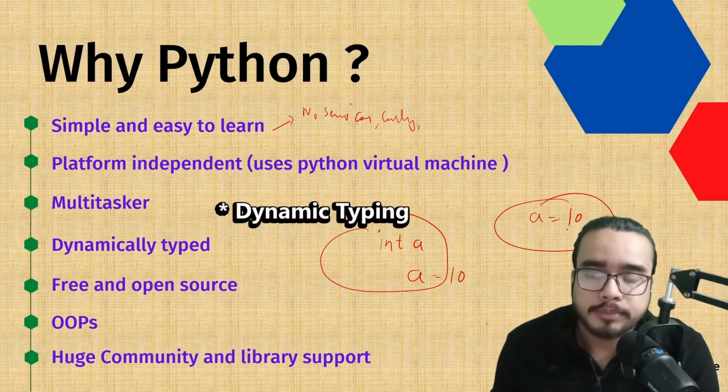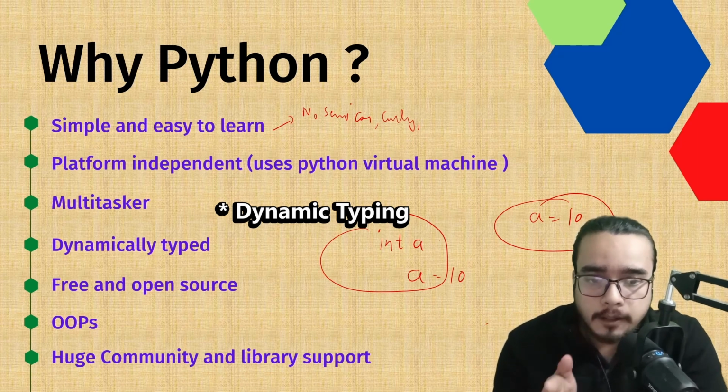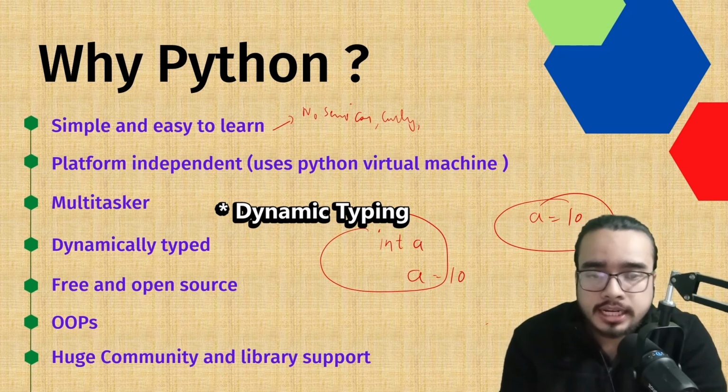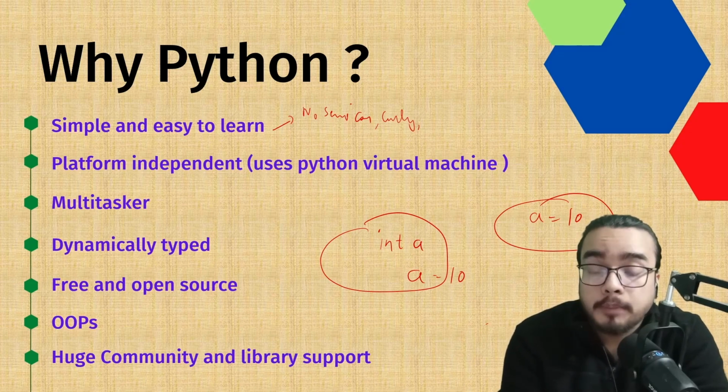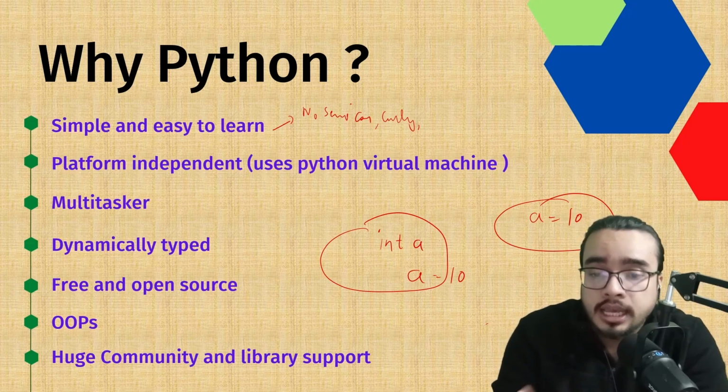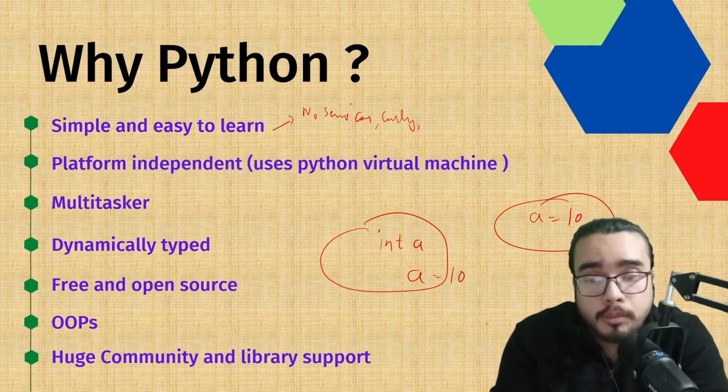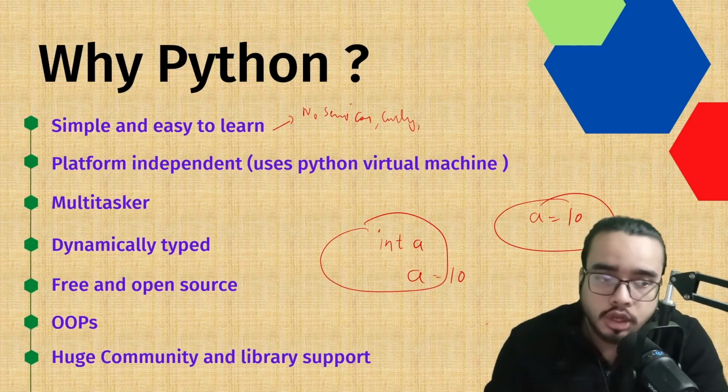In dynamic typing, you don't have to bind the variable with a data type. You don't have to assign a specific memory space to a certain variable. How the memory allocation happens, we'll go into much more detail in a later section of this course.